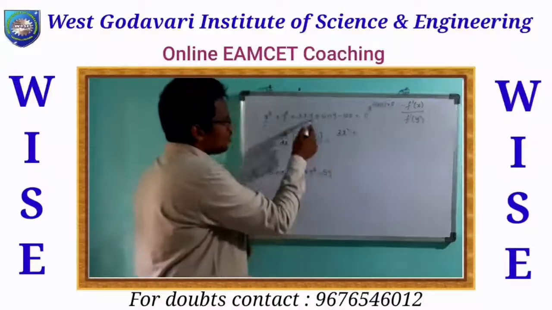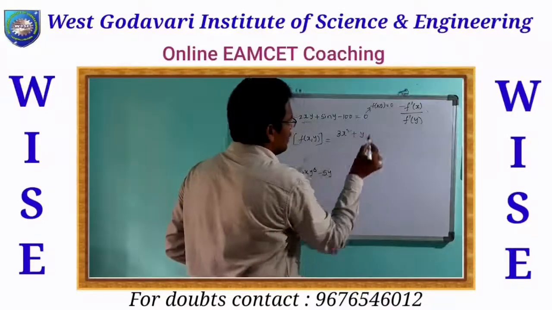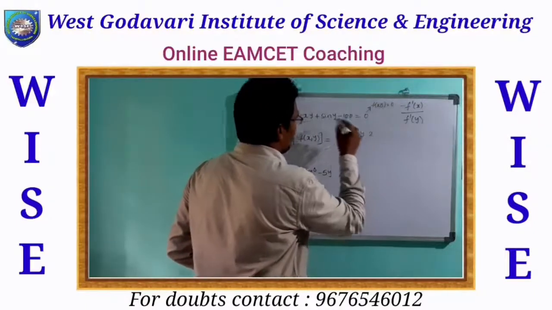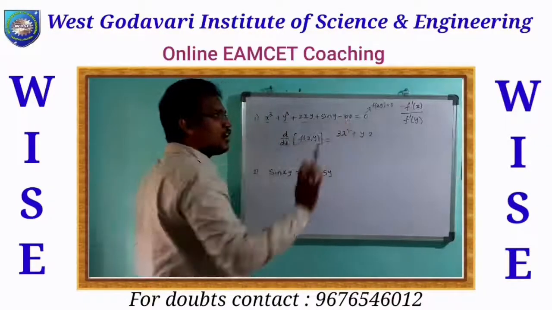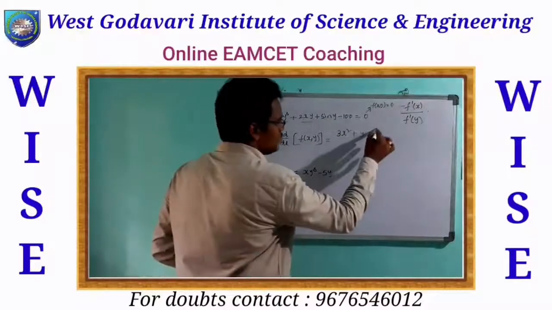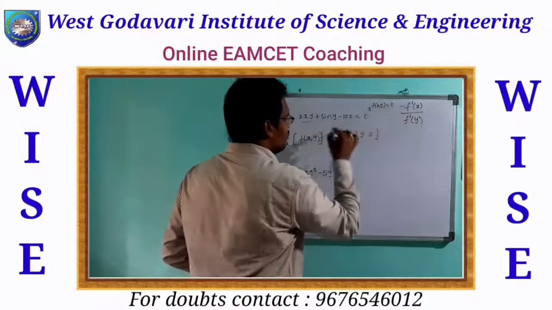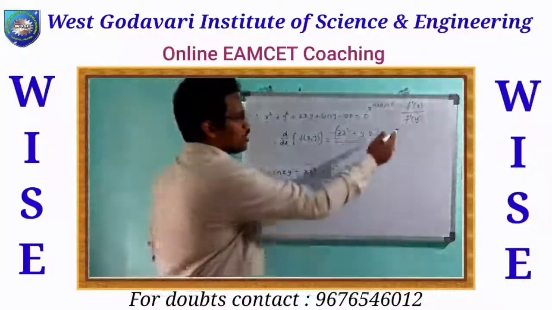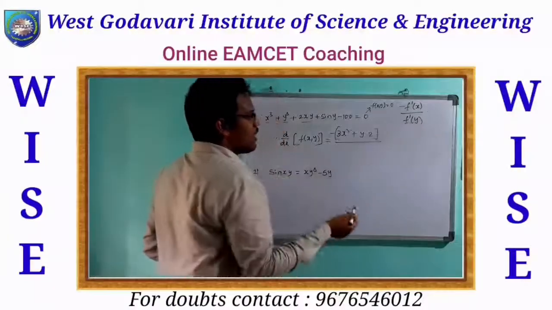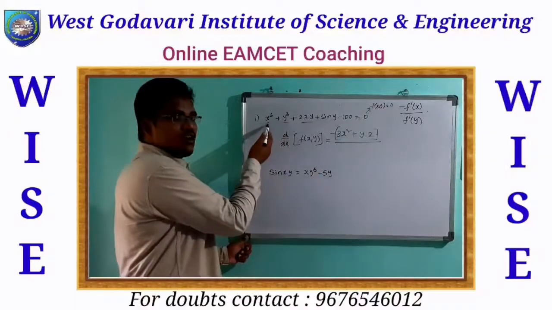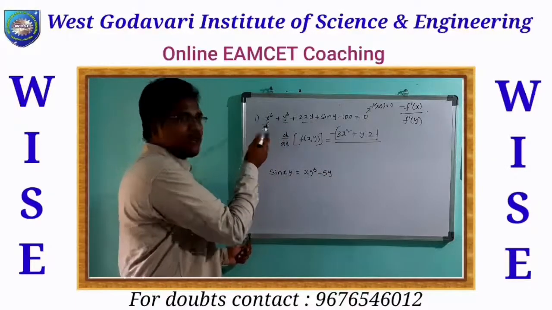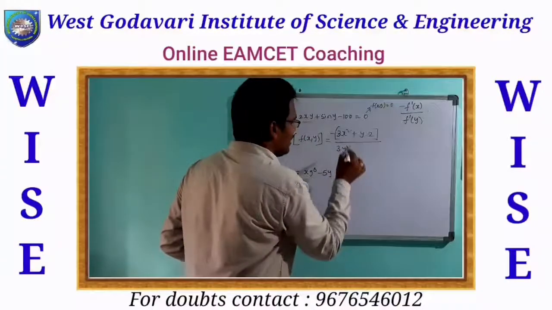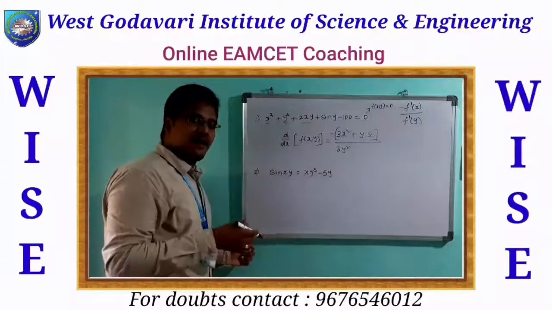For 2xy, y is constant, so d by dx of 2x is 2, plus y is constant, it becomes 0, 100 is also constant, 0. Here it is the negative sign for the numerator, that's why I am indicating a minus. Coming to the denominator part, f dash of y, with respect to y, x is constant, so x cube becomes 0 and y cube becomes 3y square. d by dy of y cube is 3y square.